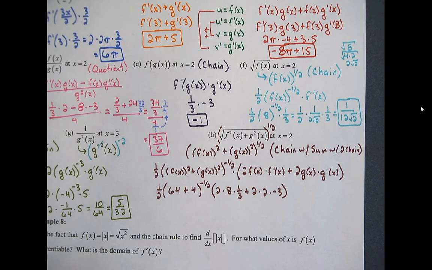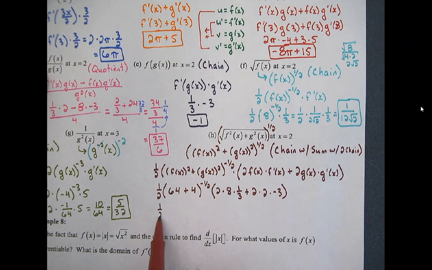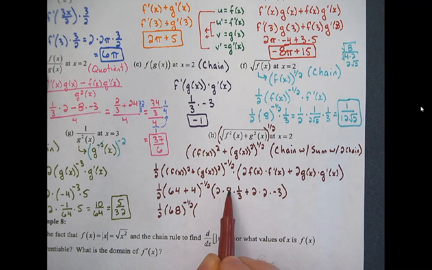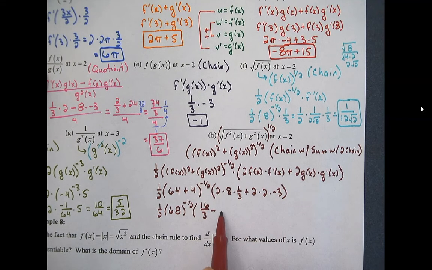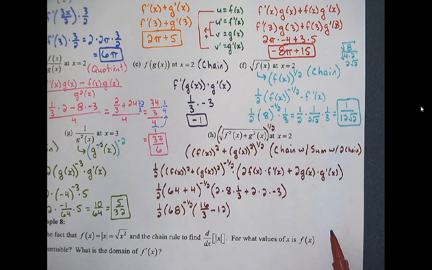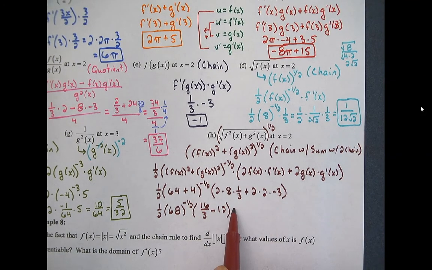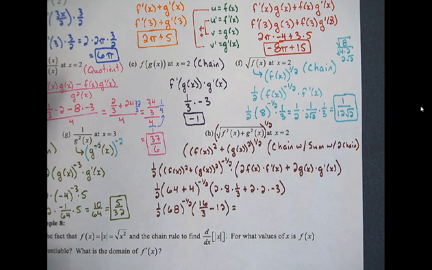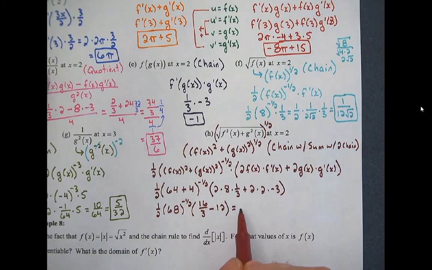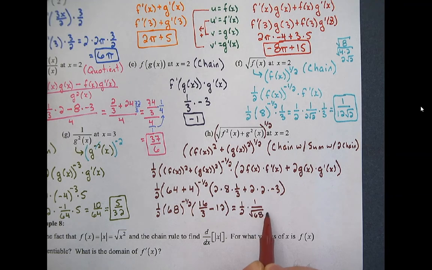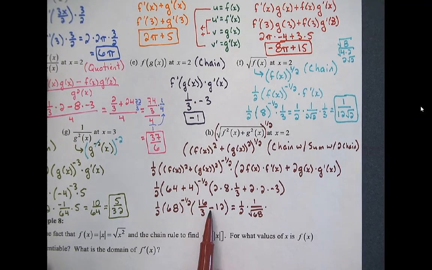Okay, let's try to clean this up now. So we've got 1/2 times 68 to the negative 1/2 times, this would be 16/3 minus 4 minus 12, which equals, all right, oh boy, 1/2 times 1 over the square root of 68 times, all right, I'm now going to work on this.